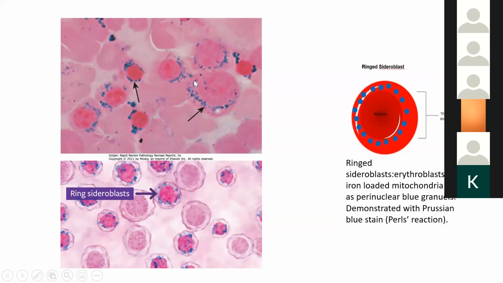So all these are ringed sideroblasts. And when we see an increase in these, we know this is that category of myelodysplastic syndrome with ringed sideroblasts.